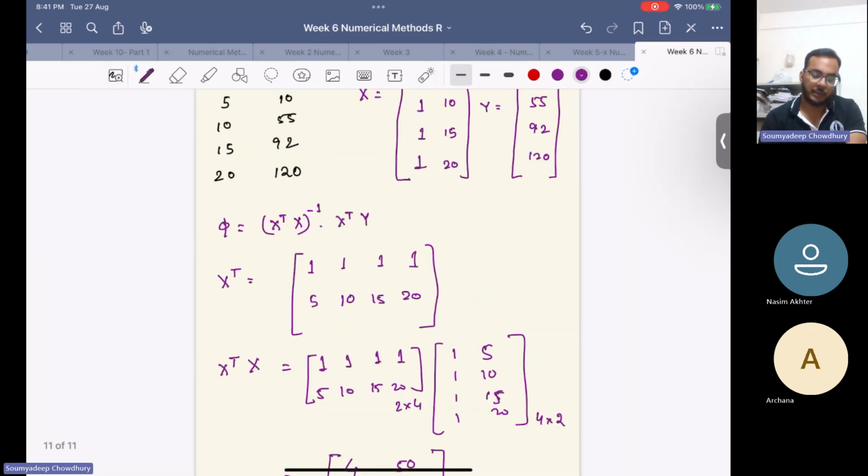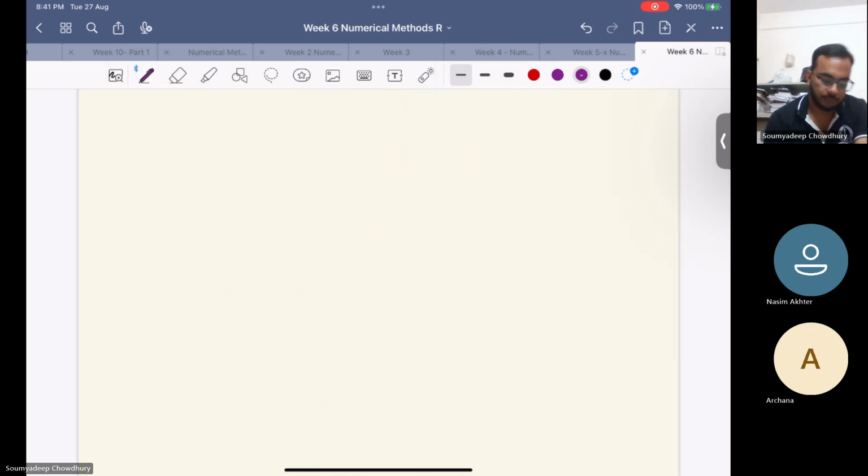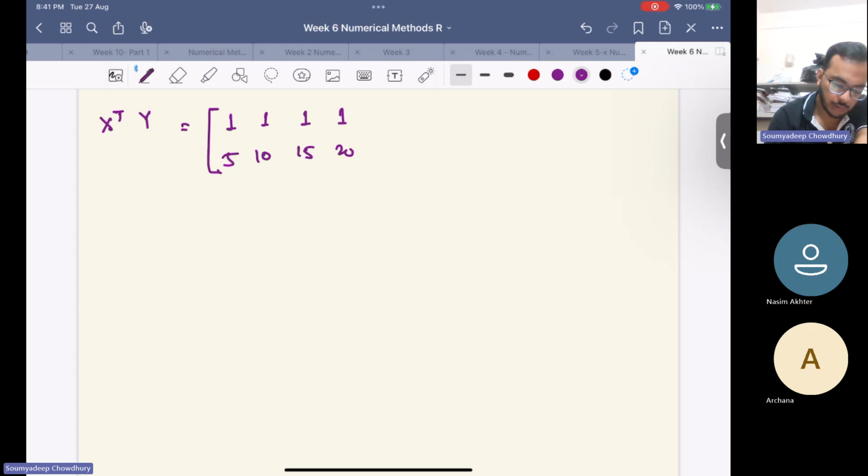Now one more term is remaining, which is X transpose Y. So X transpose into Y. X transpose is basically 1, 1, 1, 1, 5, 10, 15, 20.